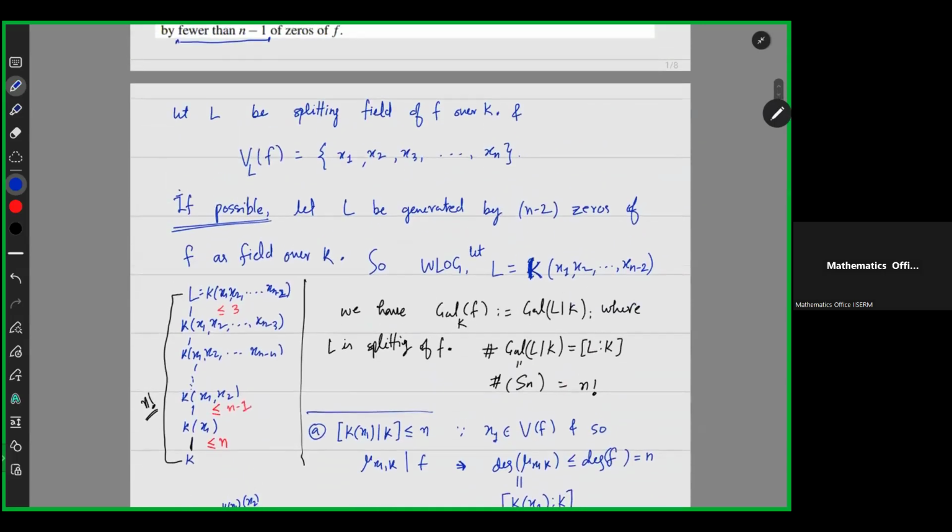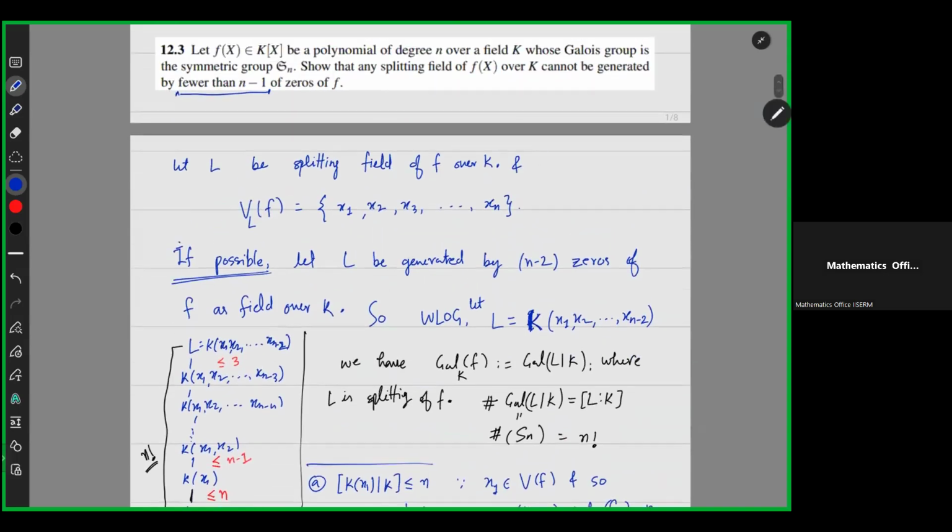Okay, I'm just assuming that they are distinct. Here the big assumption should be, I'm just assuming, assume f is separable.